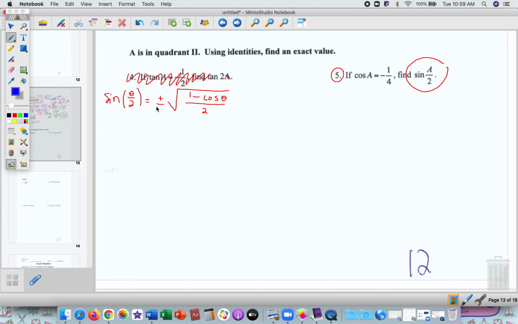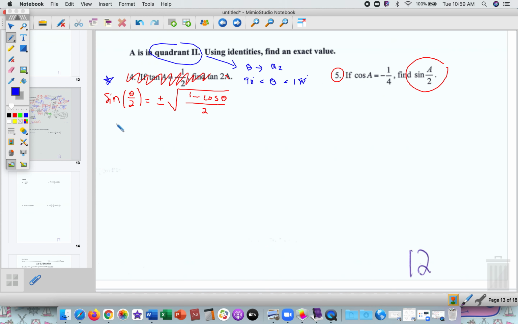We have to decide, do we want to use plus or minus? That can be a little tricky. Theta is in quadrant 2, so theta is between 90 degrees and 180 degrees.